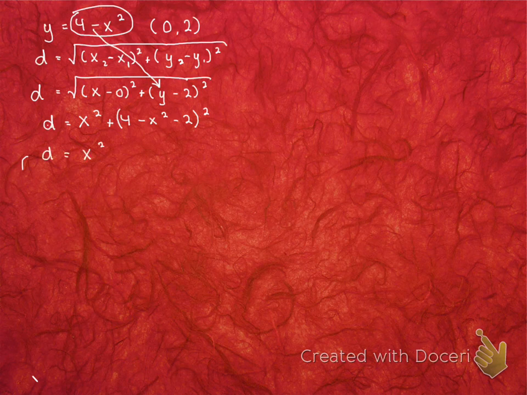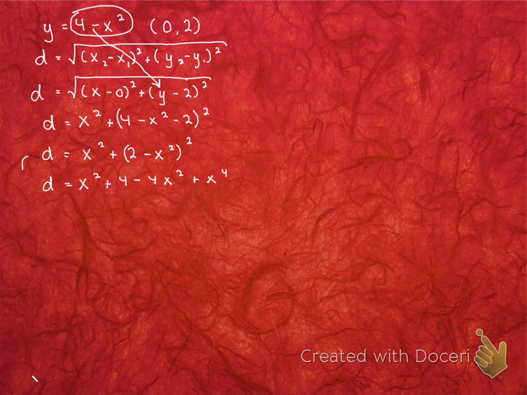Okay, so x squared plus 2 minus x squared, squared. 4 minus 2 is 2. So we do need to distribute. So (2 minus x squared) times itself, we're going to get a 4 minus 4x squared plus x to the 4th.